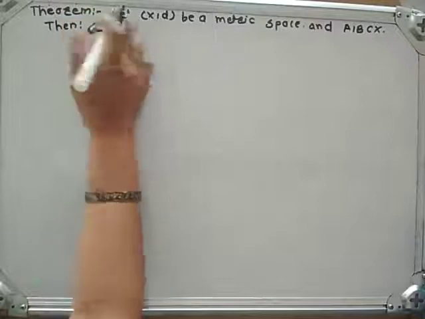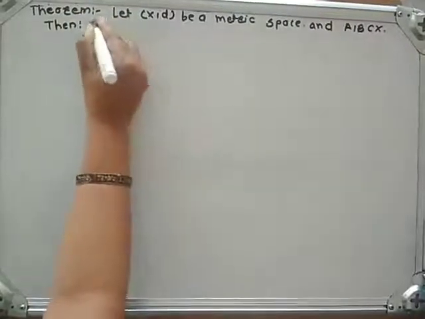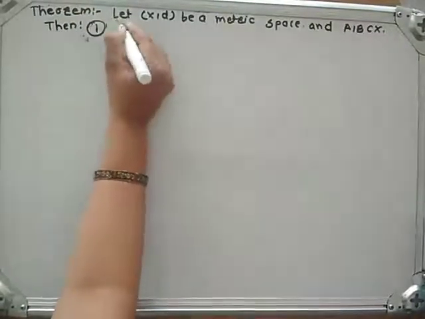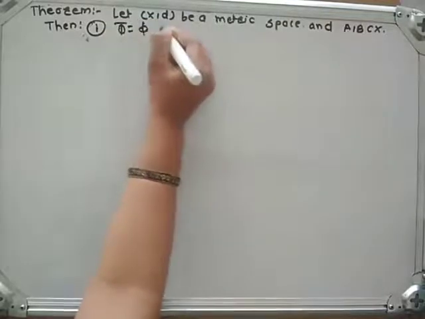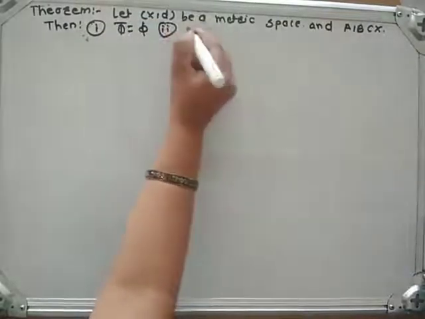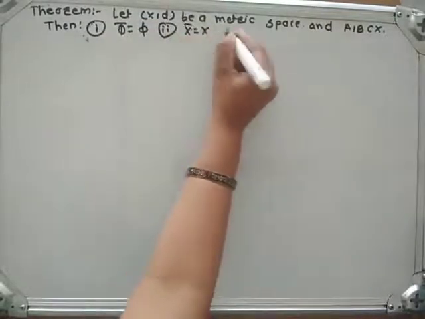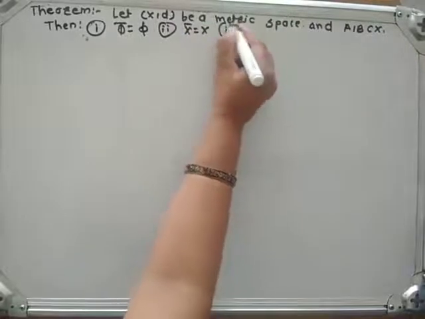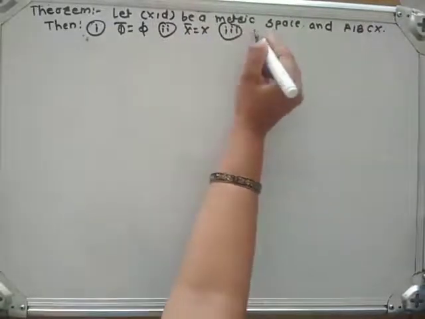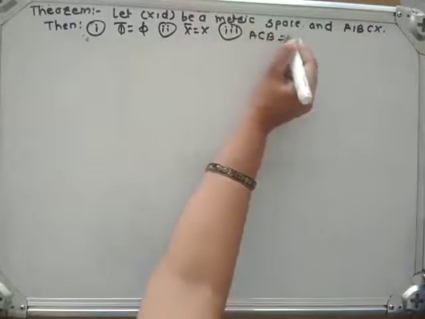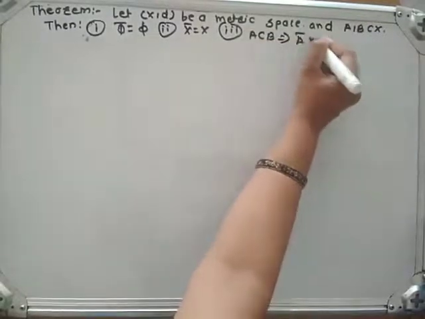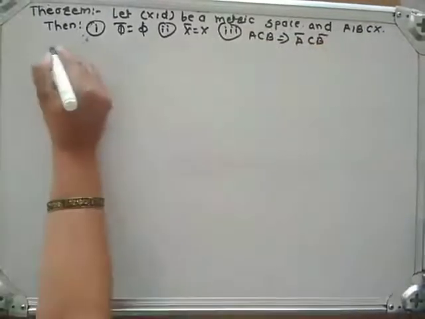First part is phi closure is equal to phi. Second is X closure is equal to X. Third one is A is a subset of B implies A closure is a subset of B closure.